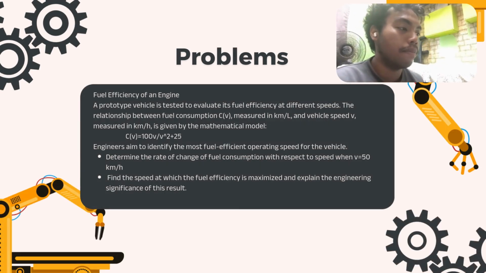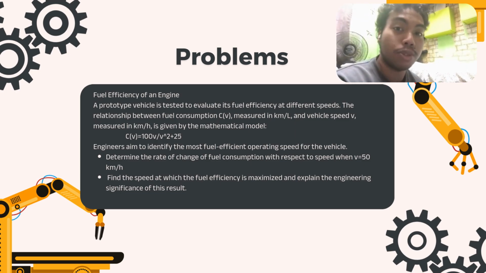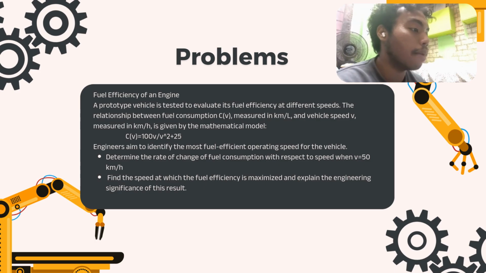Our problem that we need to solve is the fuel efficiency of an engine. A prototype vehicle is tested to evaluate its fuel efficiency at different speeds. The relationship between fuel consumption, C(V), measured in kilometers per liter, and vehicle speed V, measured in kilometers per hour, is given by the mathematical model.